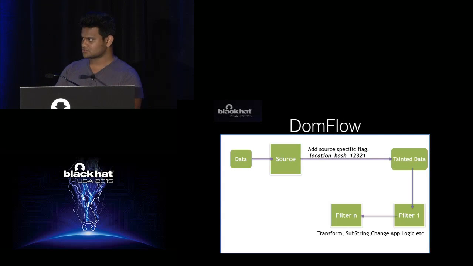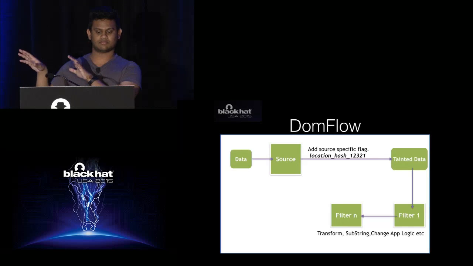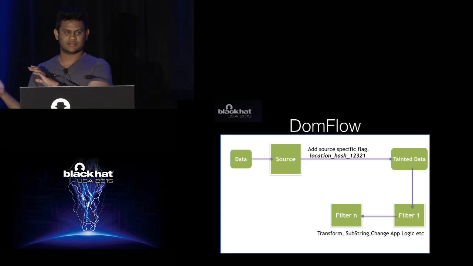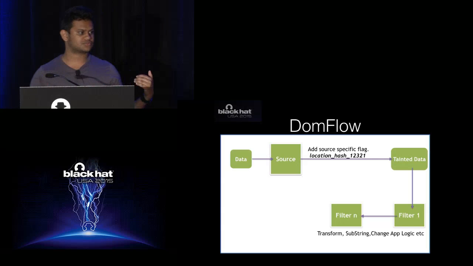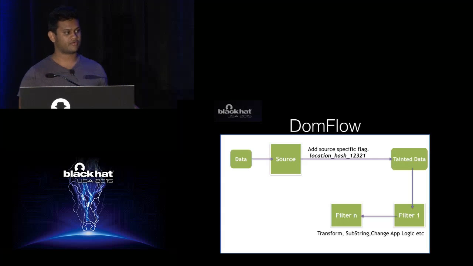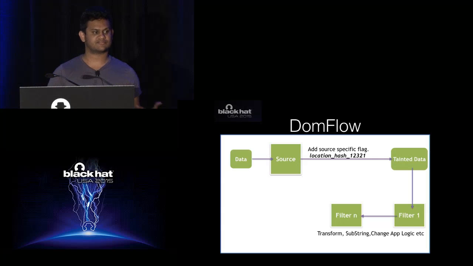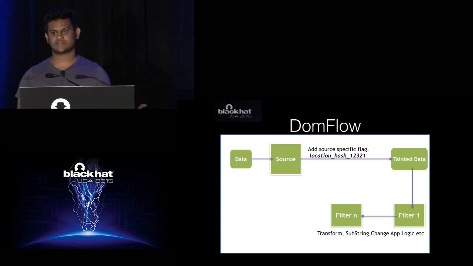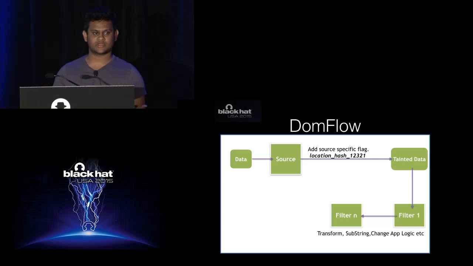One thing to note here is, of course, this level of tracking sources to sinks is nowhere close to how you would do it with native-level or V8-level taint tracking. That's the most exhaustive and complete way of analyzing sources to sinks.